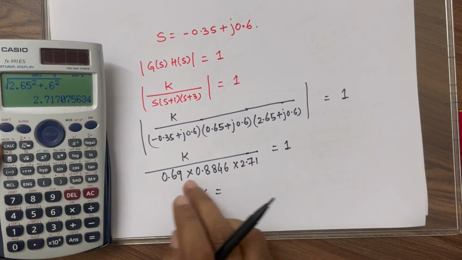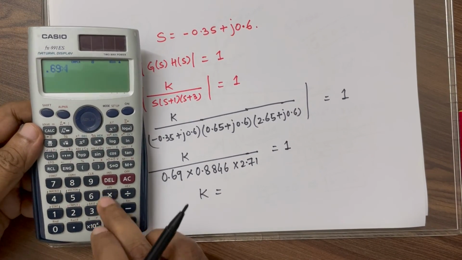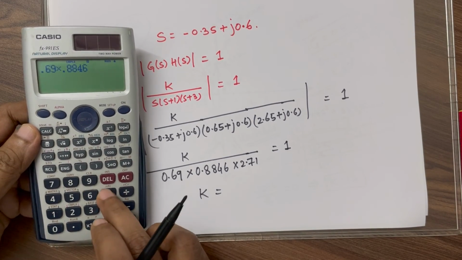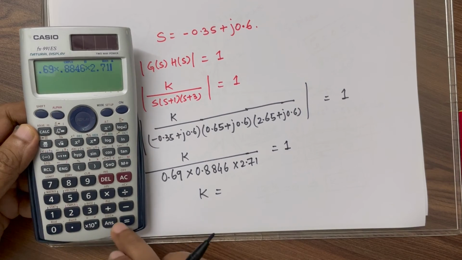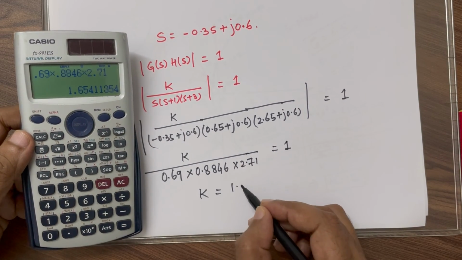K is, we are going to multiply 0.69 into 0.8846 into 2.71. So the value is 1.65.